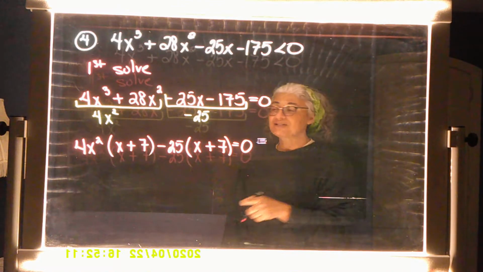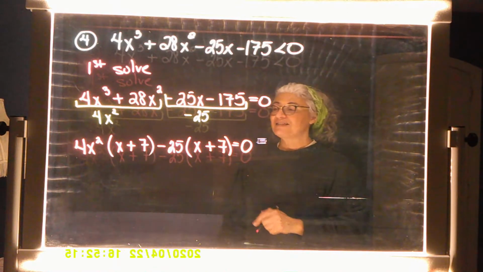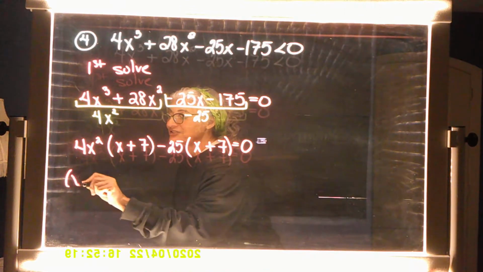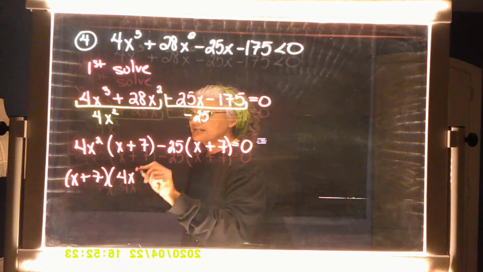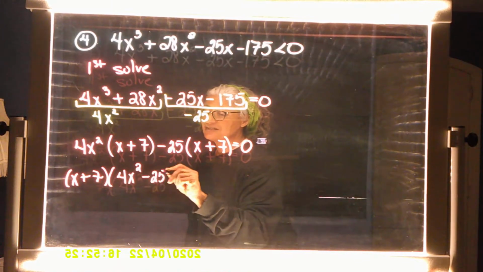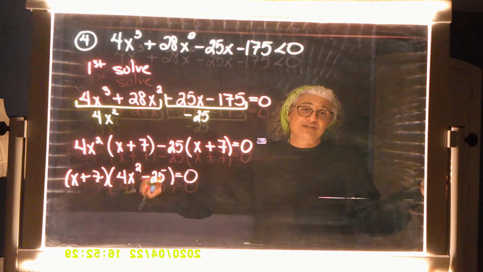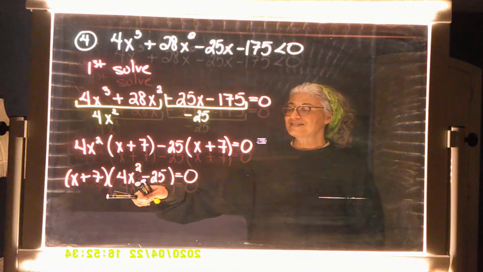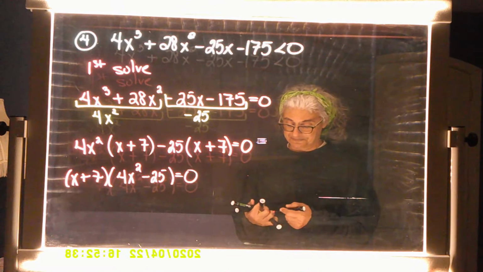But I'm not done factoring because I still have a subtraction problem here. So I'm noticing that this x plus 7 is in common, so I can factor out the x plus 7, and I'll be left with 4x squared minus 25. Now the question is, are you done factoring? And the answer is no, because this second degree expression can still be factored, can't it?